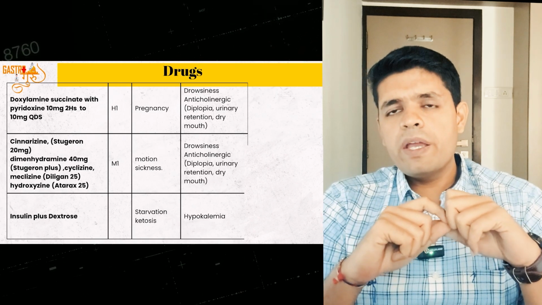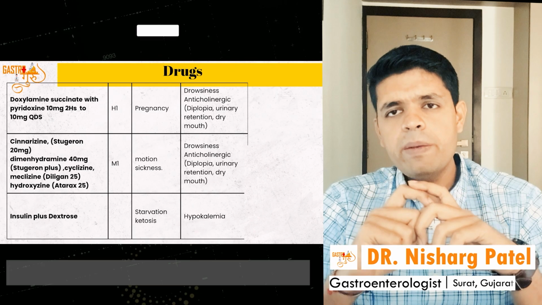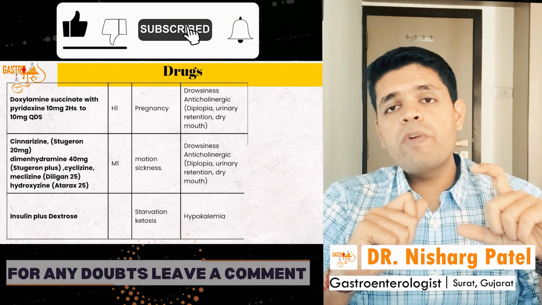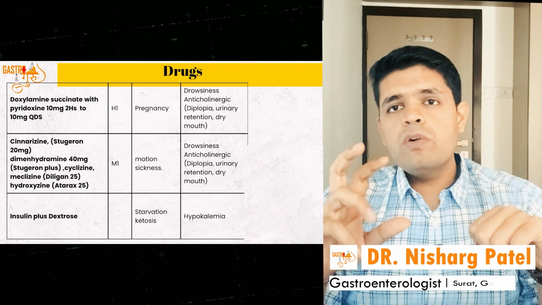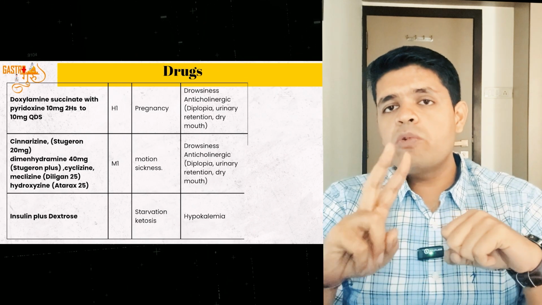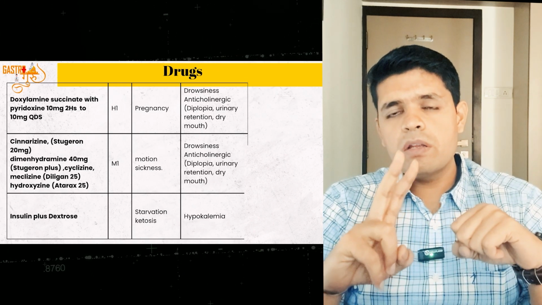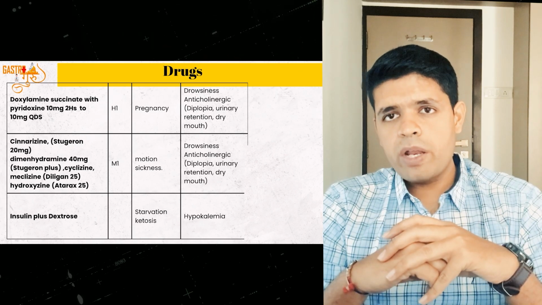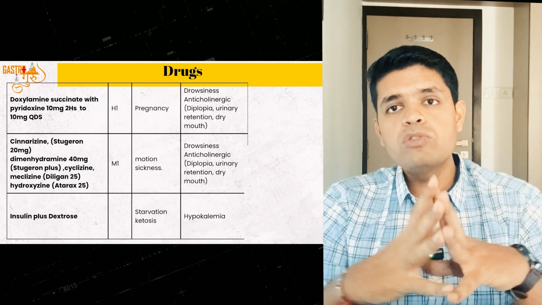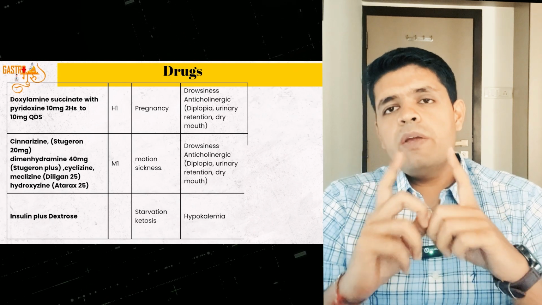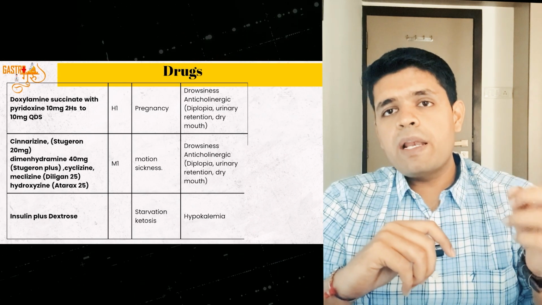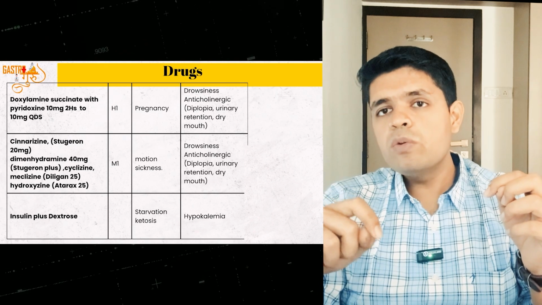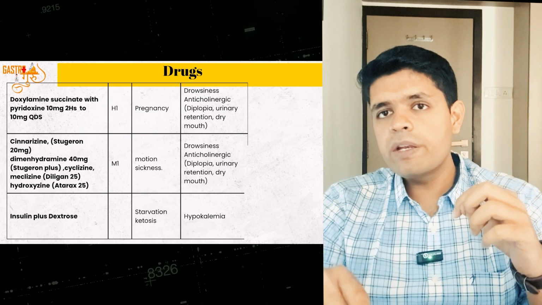So again a quiz question. In many patients we find that there is hypokalemia in vomiting. So where does the potassium go? Around 1 liter of gastric juice will have 20 milliequivalents of potassium loss. This is not the predominant cause of potassium loss, because 1 liter of vomiting is a huge amount of vomiting. Basically what happens is the patient will develop metabolic alkalosis, and because of metabolic alkalosis the patient will start losing potassium from the kidneys.